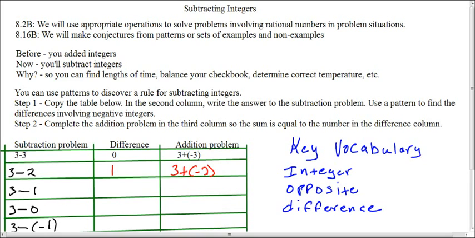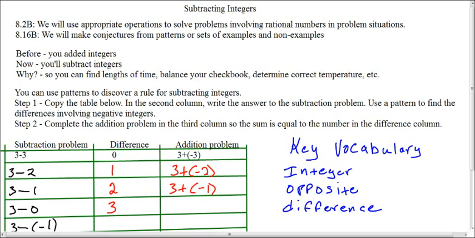Let's take a look at the next one. We have 3 minus 1. We know that gives us 2. So what is a problem? Let's try 3 plus a negative 1. Then, of course, we have 3 minus 0. And, of course, that equals 3.